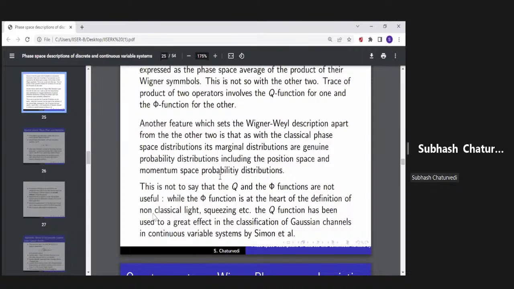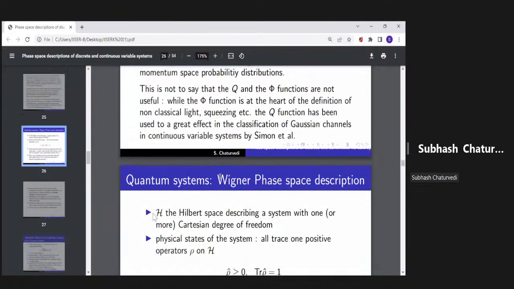Whereas in the other ordering prescriptions, this is not true. You would require one kind of phase space function for one operator, another kind of phase space function for the other operator. So in that respect, a Wigner function is autonomous in the sense that I've just mentioned.